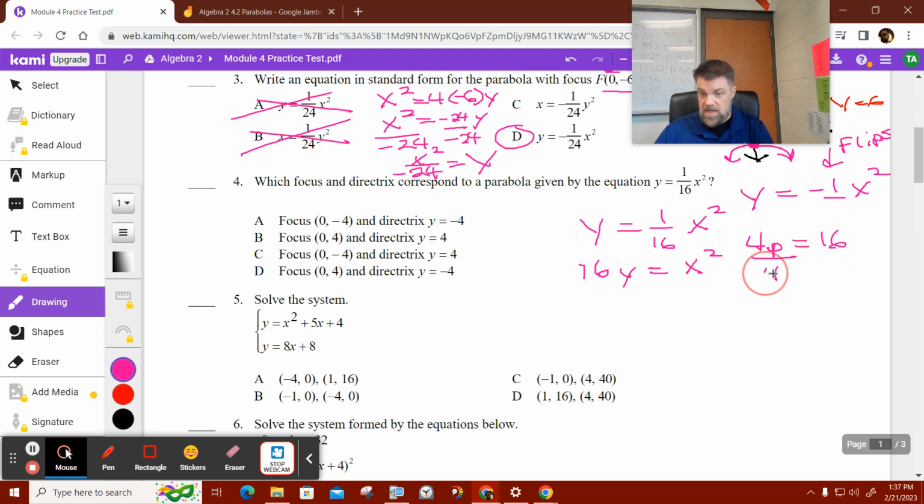So when I divide by 4, I get p is equal to 4. Also, because it's y equals x squared, we know that the focus is going to be 0, comma p. And this is all from that table. It's just Mr. Adams has kind of memorized it. And then the directrix is just going to be y equals the opposite of that. Whoops.